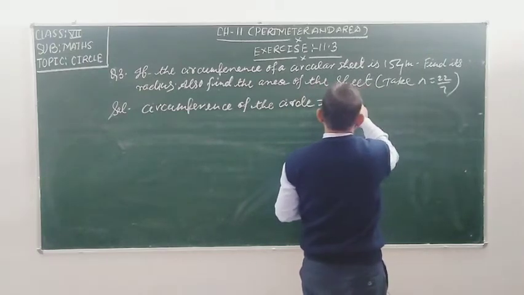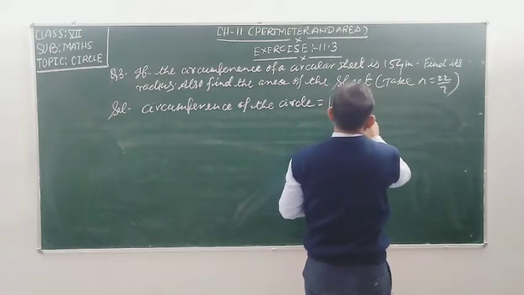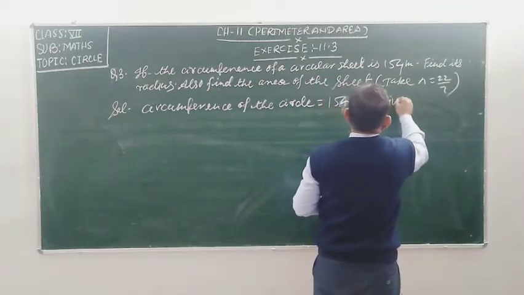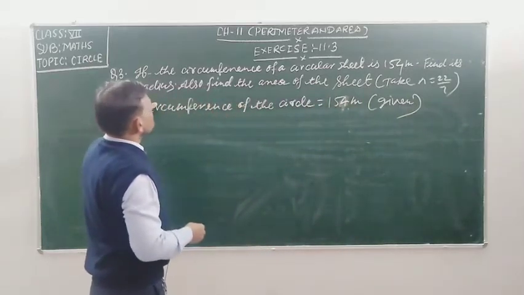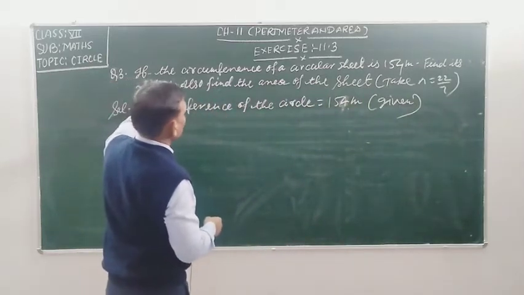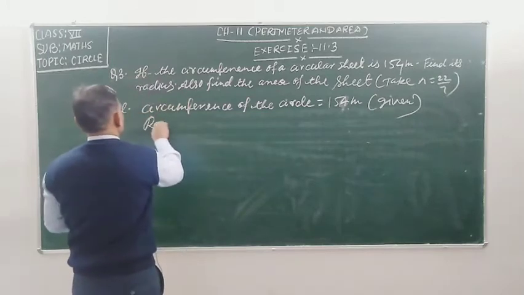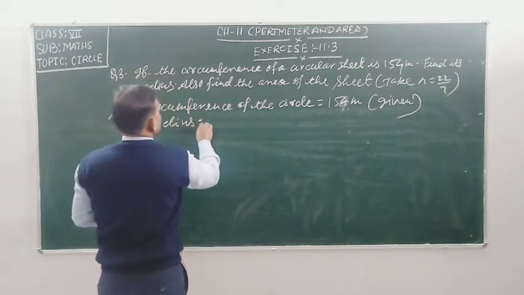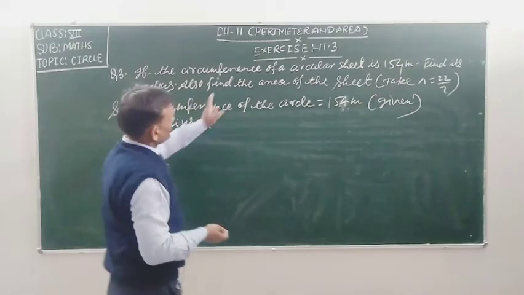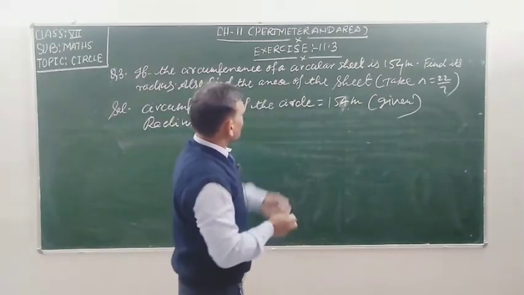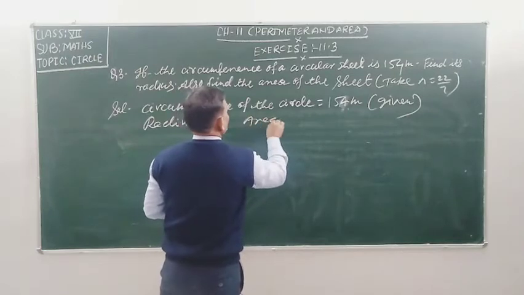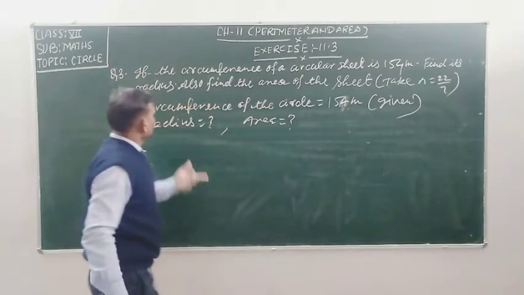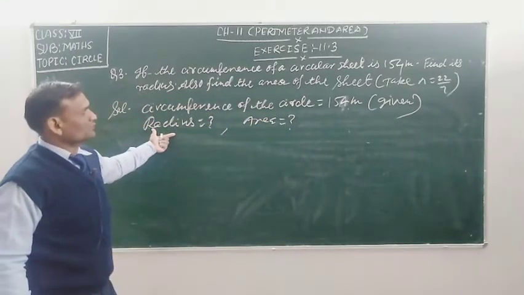This is given. Find its radius. We need to find out the radius. Radius is equal to question mark. Also find the area of the circle. We need to find out the area also. Area and radius we need to find out.